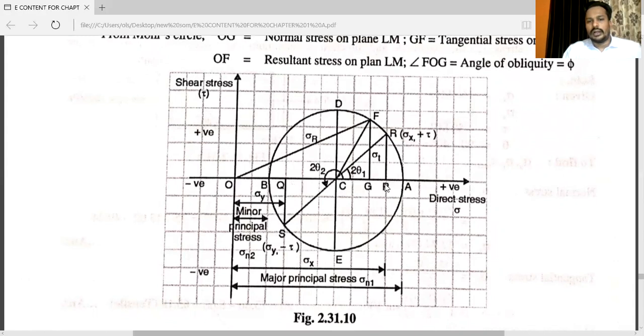You have to draw a vertical line here, and from Q you have to draw this line. Now you have to draw the angle 2 theta. You will get the intersecting points R and S. This one is R, this one is S.